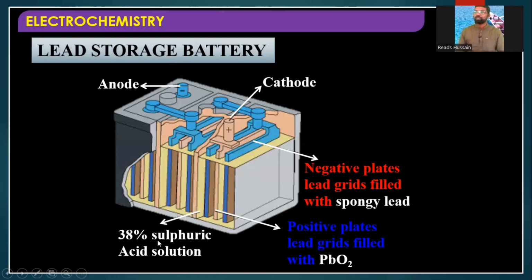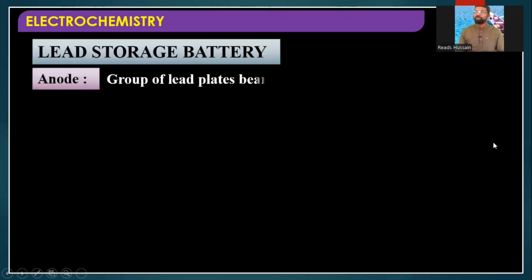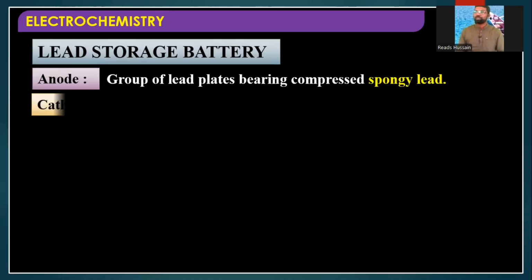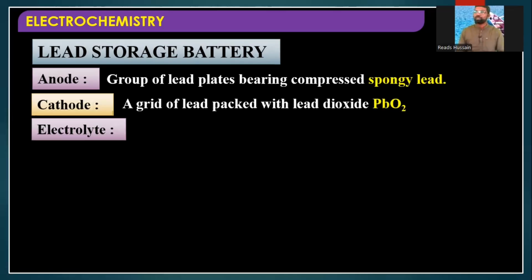Between these, 38% sulfuric acid is used. This acts as the electrolytic solution. The group of lead plates bearing compressed spongy lead is the anode. The cathode is a grid of lead packed with lead oxide, and the electrolyte is 38% sulfuric acid.